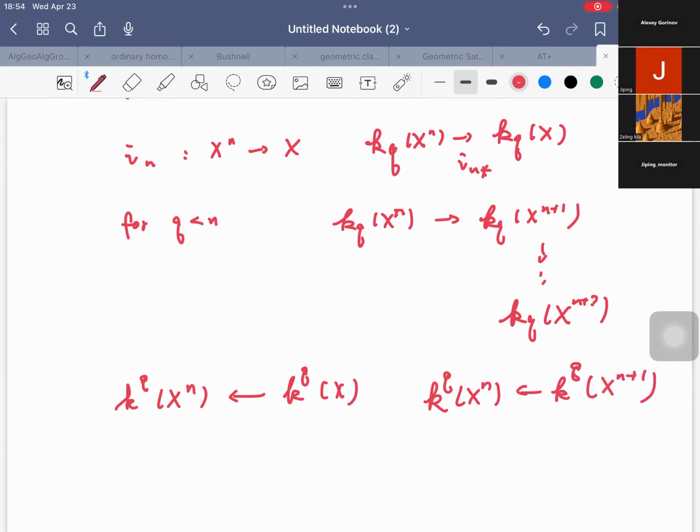Yes, so all those maps, and so on from xn plus 2 to xn plus 1, they're all isomorphisms.